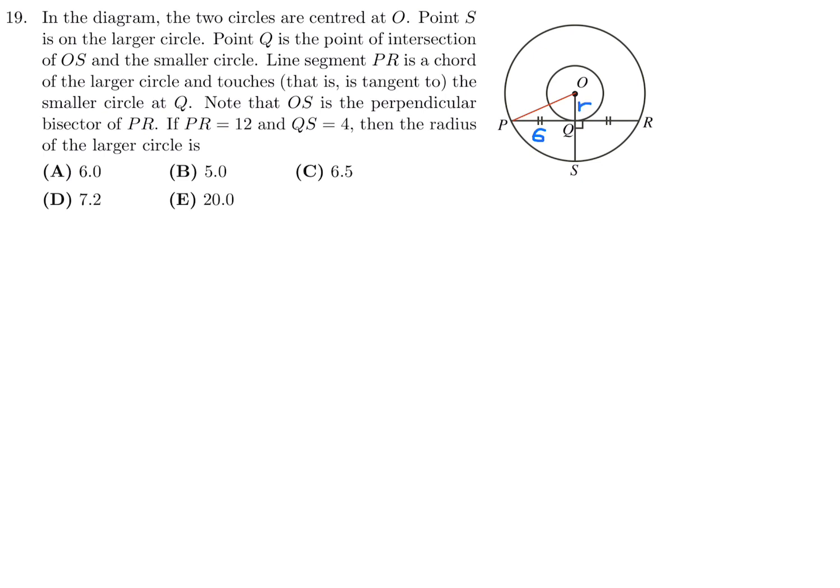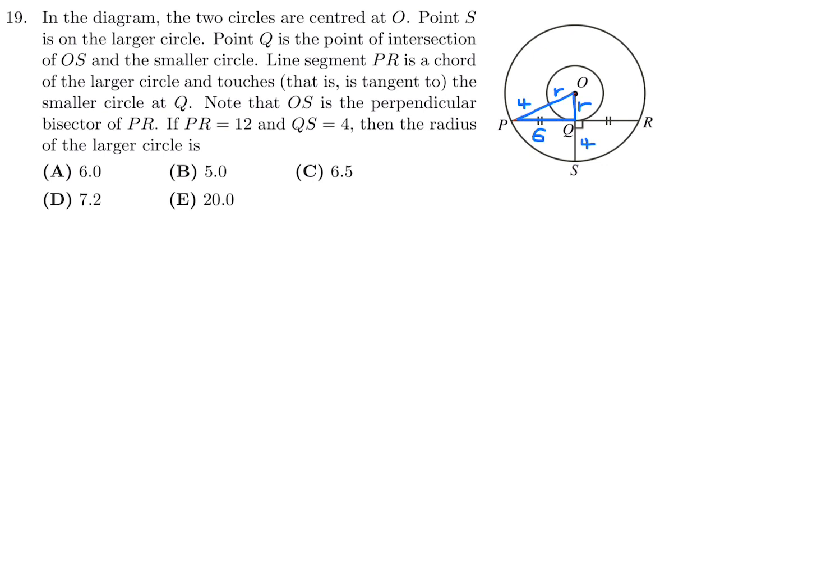And then Q to S, they have told me is 4, so that basically means that the distance from the edge of the small circle to the big circle is 4, no matter where that is. So that means this distance is also 4, right there. And then, of course, from here to here is just the small radius r.